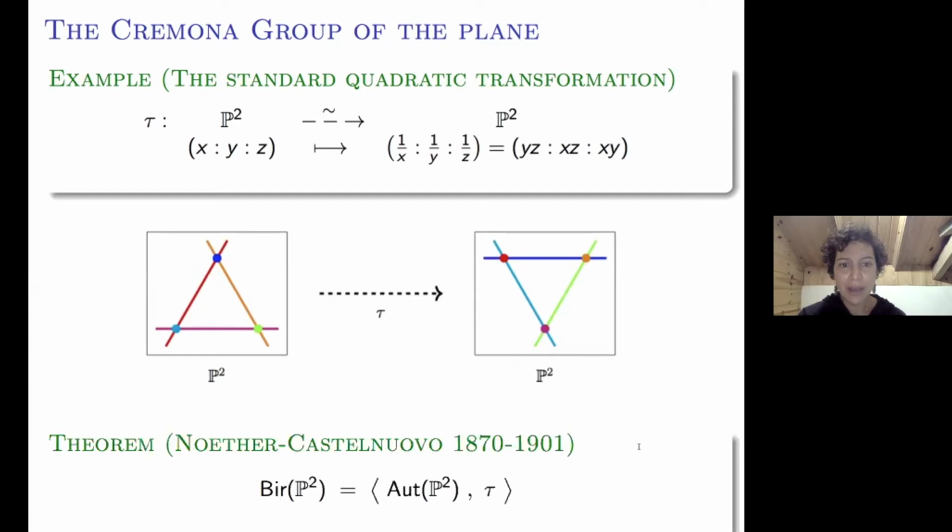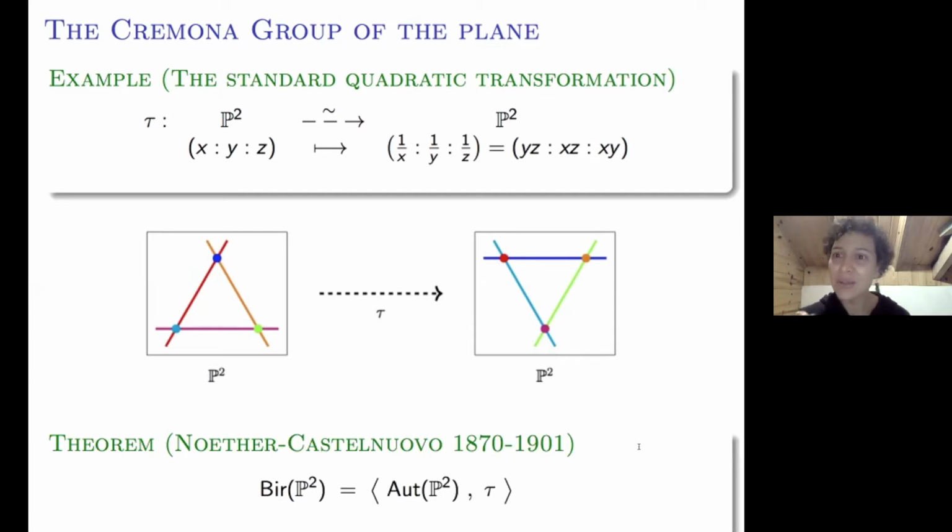It can be a bit surprising that even though the Cremona group of P2 is huge, there is this classical theorem of Castelnuovo that tells you that with the automorphisms of P2 and this single quadratic transformation, you can generate the whole group.